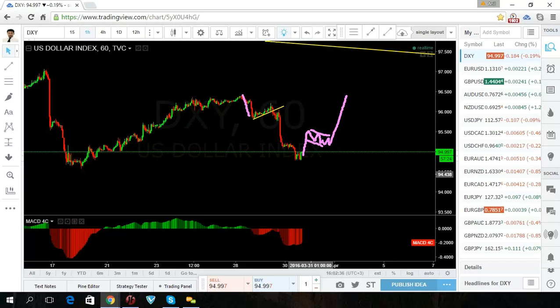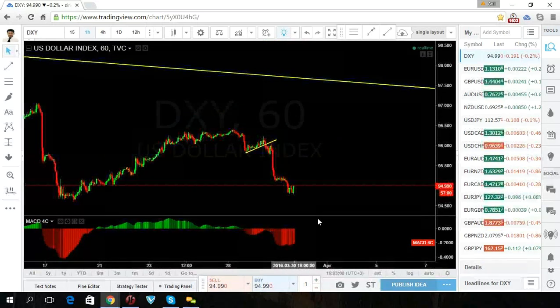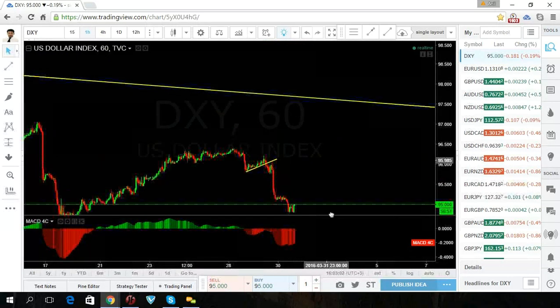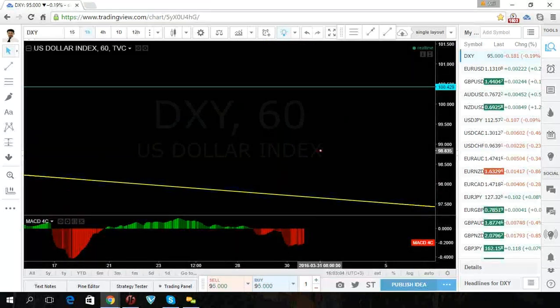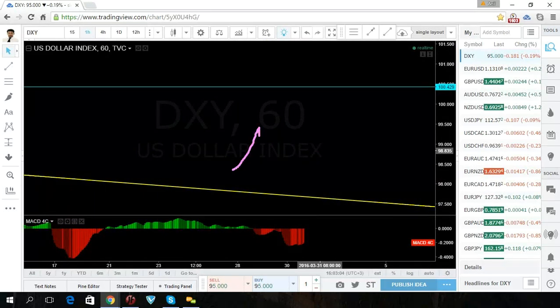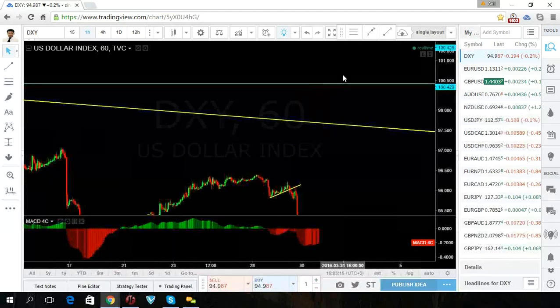We get an impulse, we wait for a correction, and we sell the next impulse. It's easy. I've been telling you guys to do this over and over from the very first webinar that I did, and I'll repeat it. We look for an impulse, we look for a correction, and then we look for our next impulse. See? It's that easy. I repeat this every time.